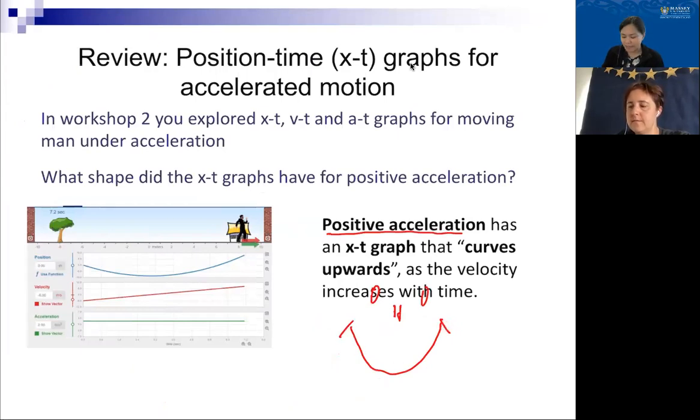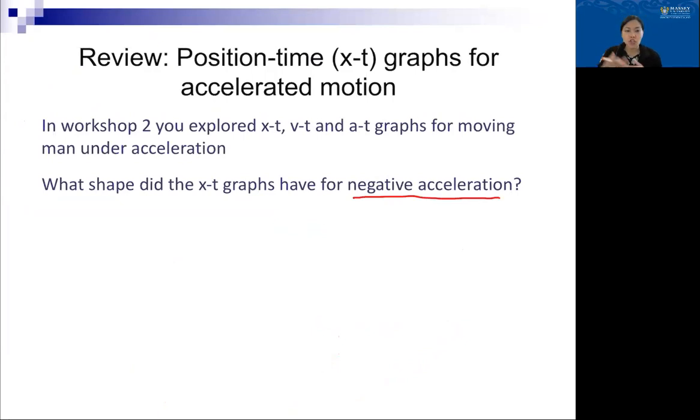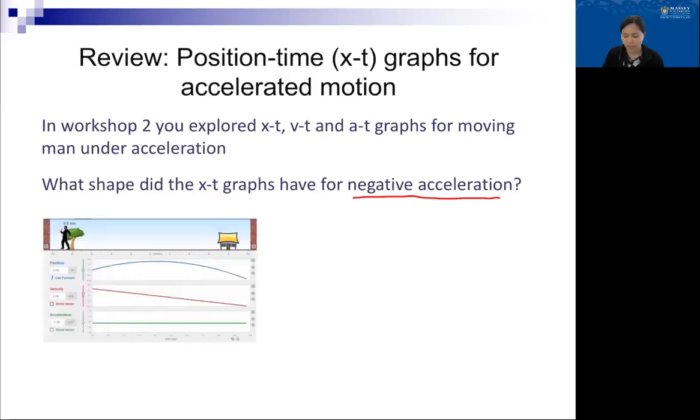And if you have a negative acceleration, what would be the shape of the position time graph? Hopefully by doing the PhET simulation, you were able to see a position time graph that looks like this. It's a curved line that's going downwards.